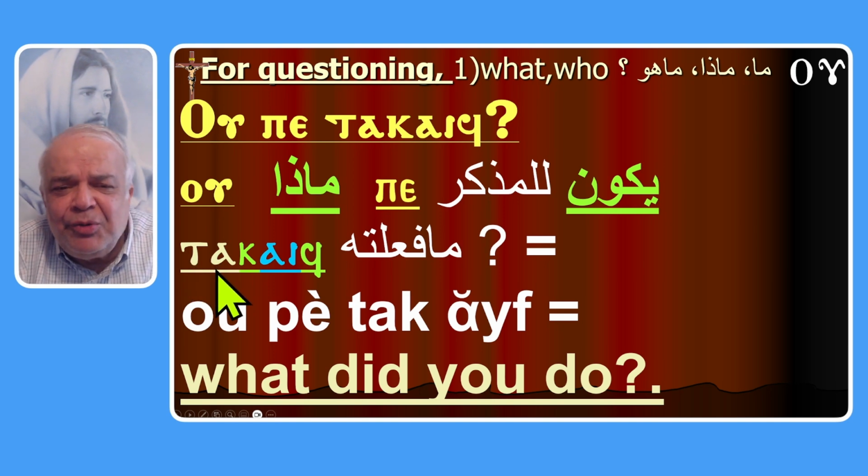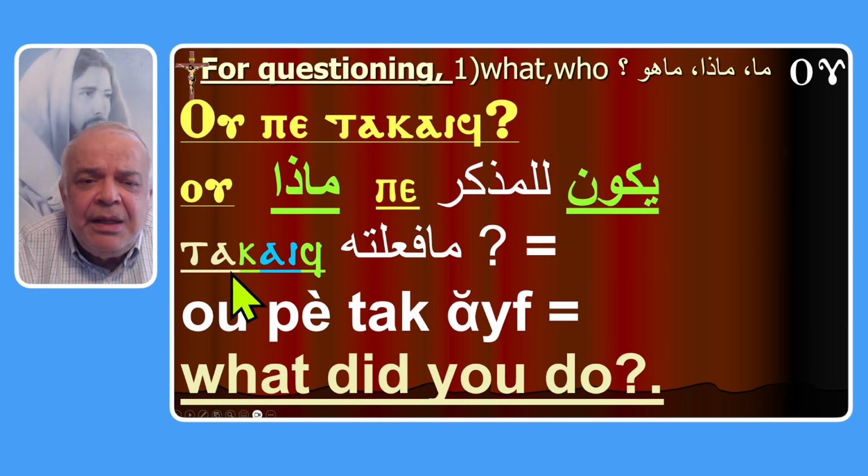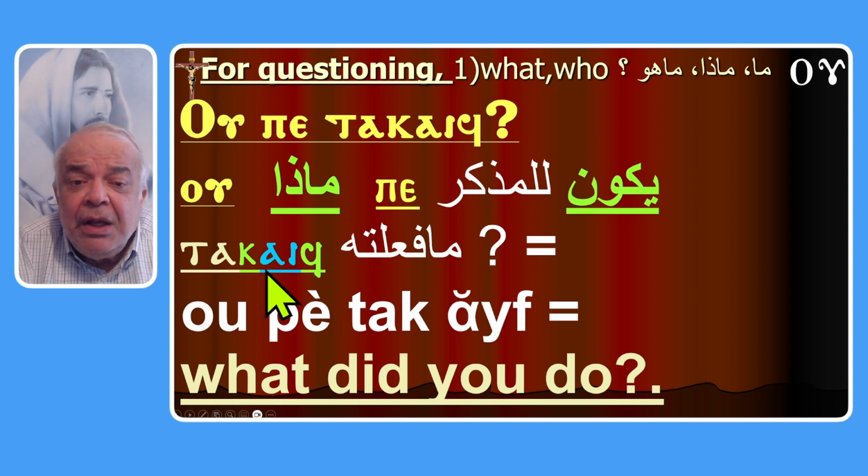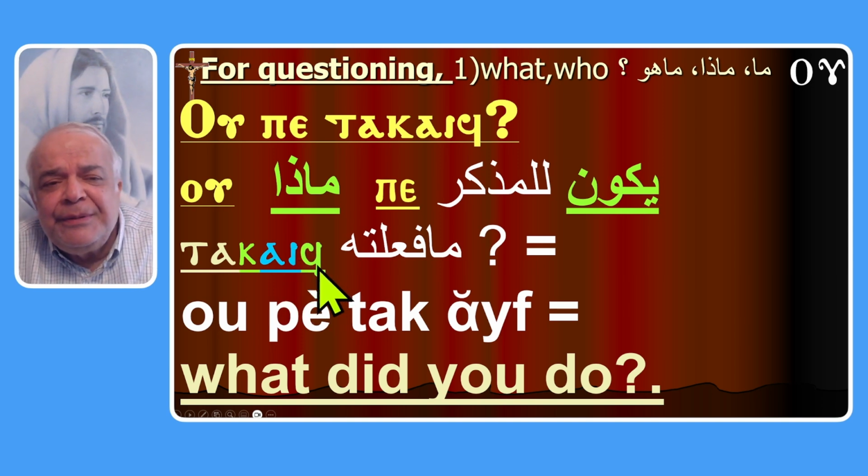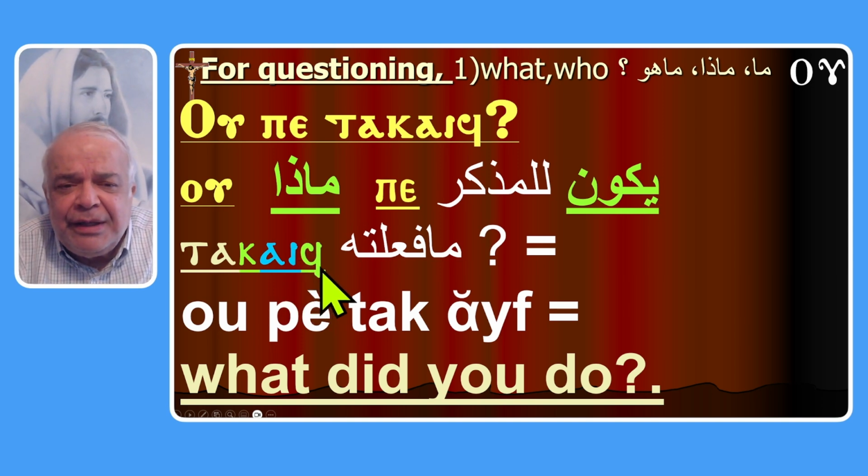That means the article we are talking about may be female. Kabba is the second personal pronoun for singular masculine. Alpha iota is the verb, do. Phi is the third person masculine singular personal pronoun. You see, in one word you have four components.